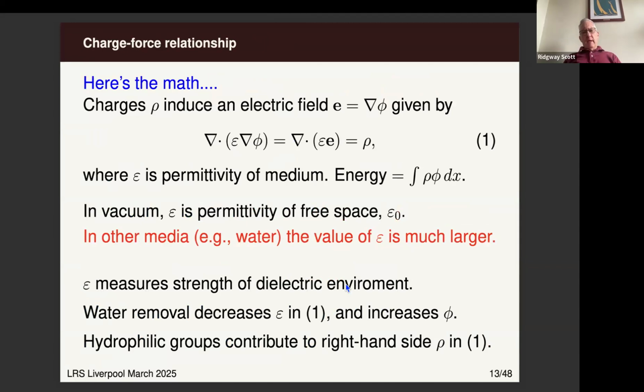So here's the math again in more equational form. You have this equation for the electric field and the potential, and here's the dielectric constant. When epsilon goes down, phi goes up, and that's the energetic benefit of being dehydrated.